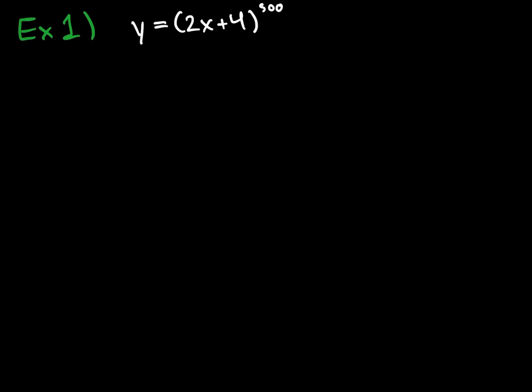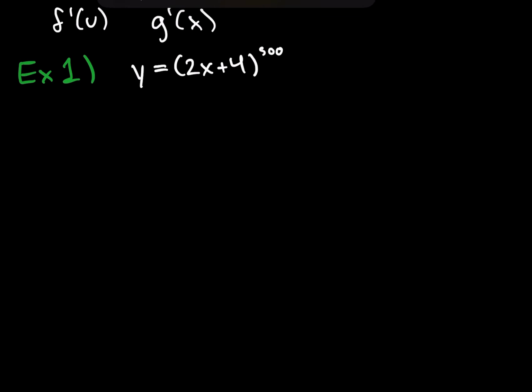So, that would take forever. But luckily for us, this is where the chain rule comes in. So, when you look at this function, which part looks to be the outside of the function, and which part looks to be the inside of the function?